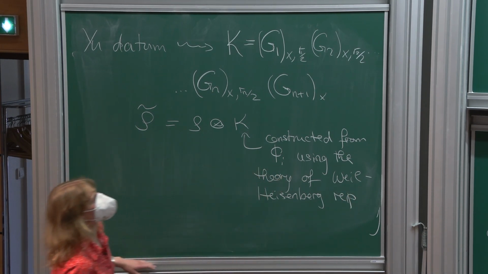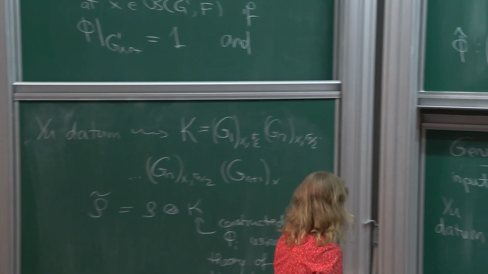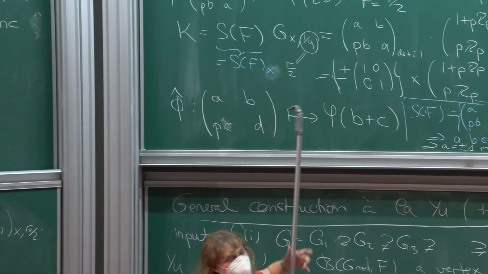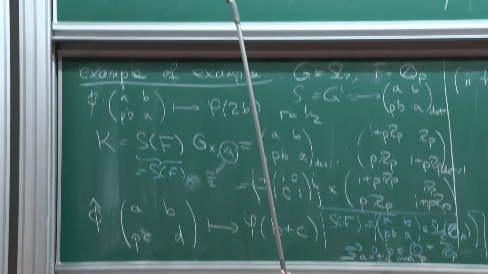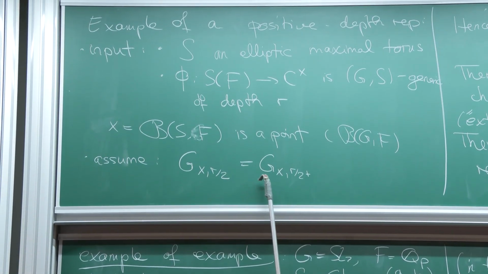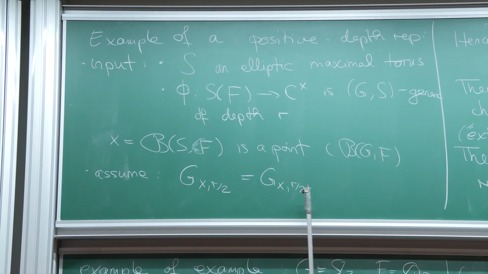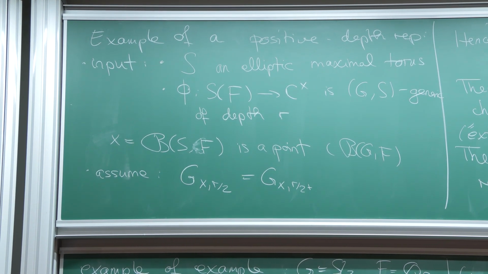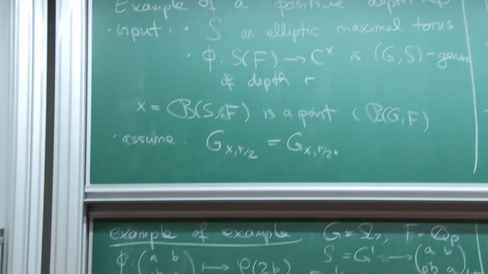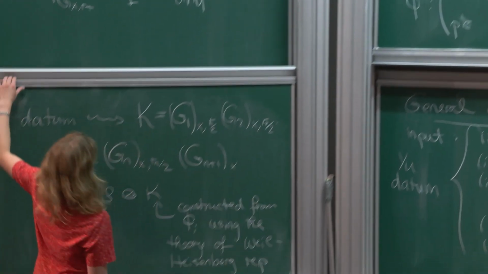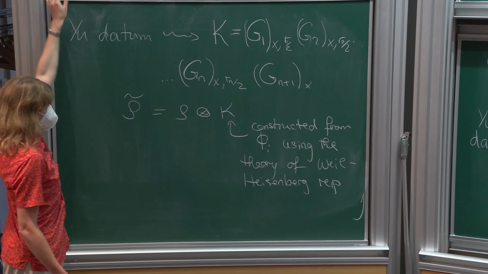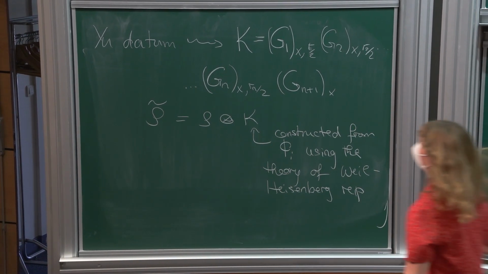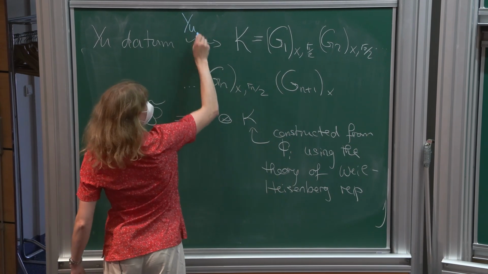And the reason why you use it is precisely the answer to the question I was asked earlier. You first extend the character as much as you can, but then if we don't have equality here, then to go from the R/2 plus piece to the R/2 piece, you have to invoke the theory of the Weil-Heisenberg representations. And this construction here, that's the construction by Yu.